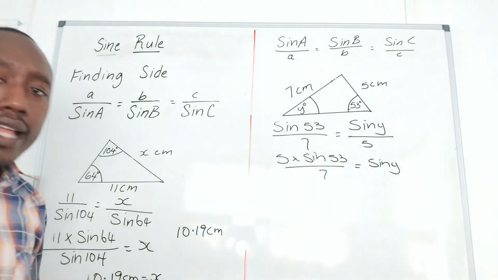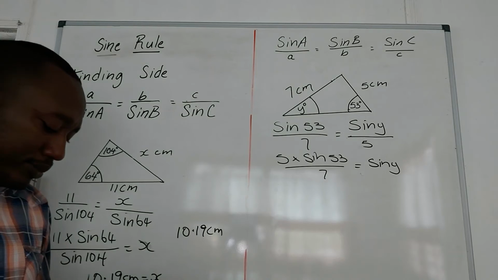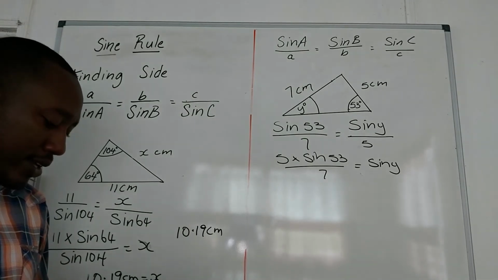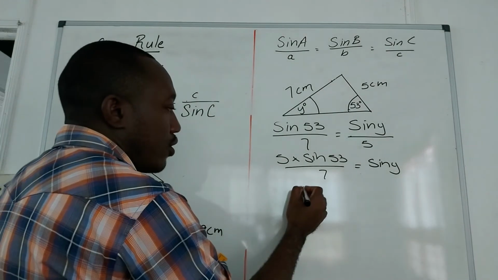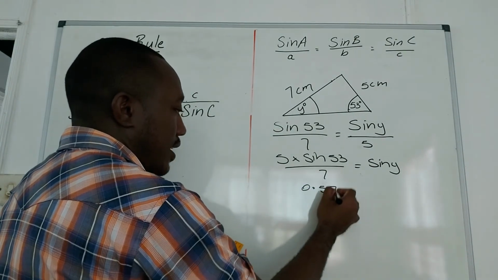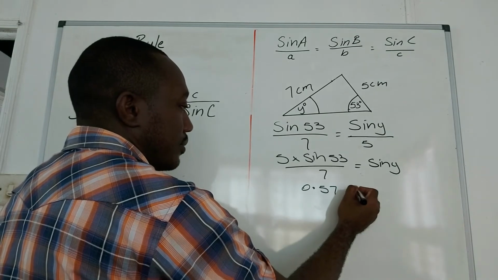Alright, so take your calculators and take your time and work that out. 5 times sine 53 divided by 7 gives us 0.57 to 2 decimal places.